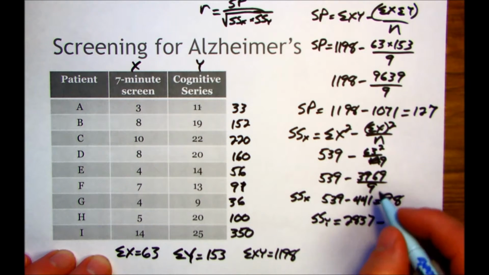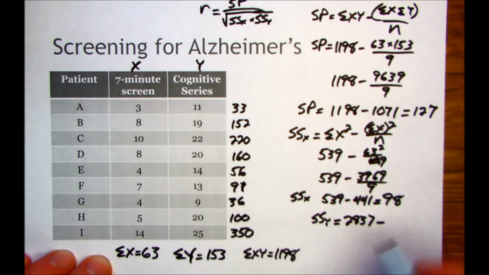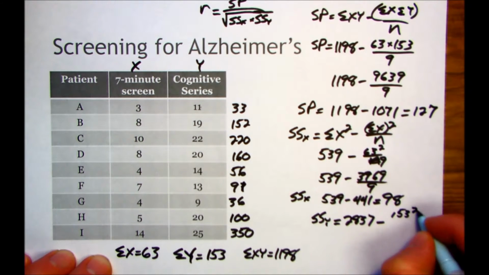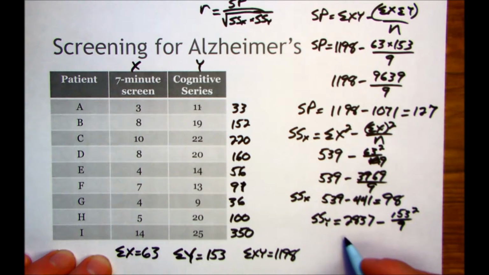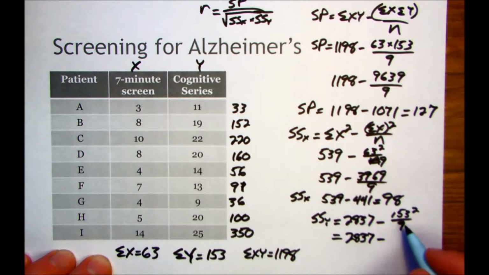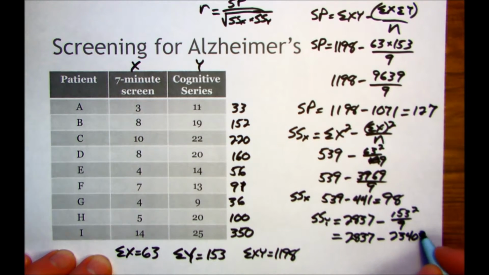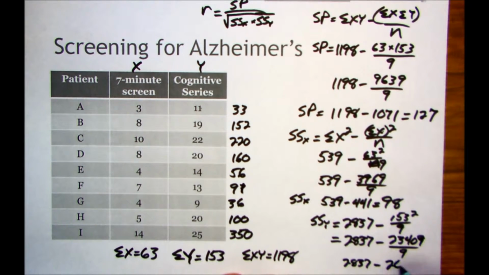And then minus 153 squared divided by 9. 153 squared gives us 23,409 divided by 9. That gives us 2601. And then our sum of squares for y: 2837 minus 2601 gives us 236.